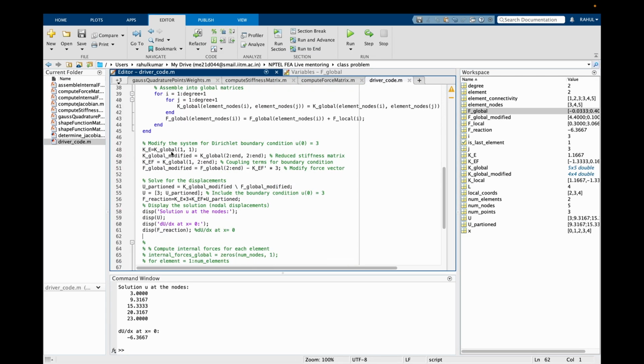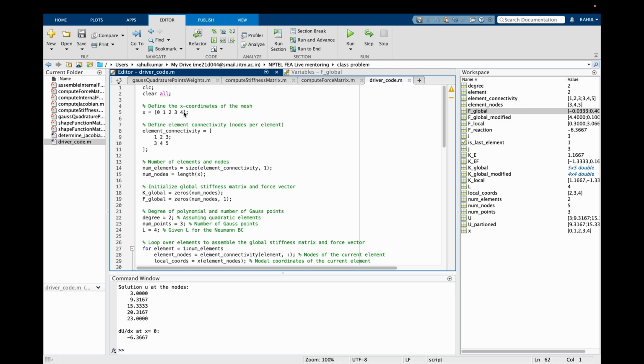We can also change this mesh. If you want to create only two elements, but only linear. Suppose you want to create two elements with linear elements, what I will do is 1 2, and the element connectivity is 2 3.